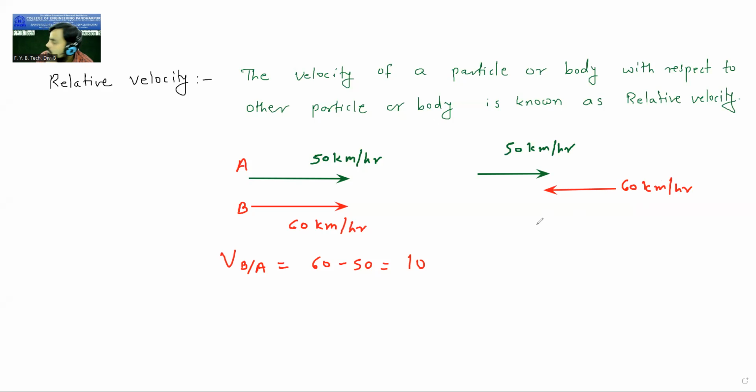What is the relative velocity in this case? It will be 50 plus 60, which is 110. This overtake will be quite fast. They will pass each other very fast.